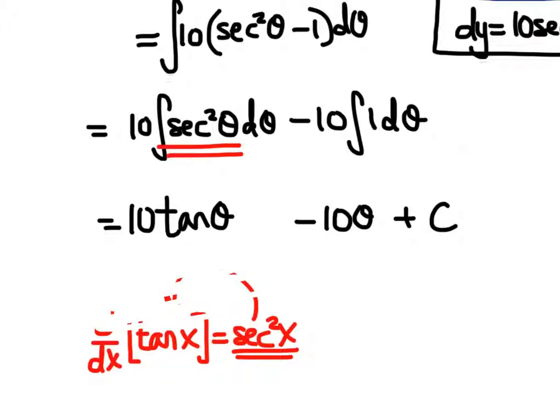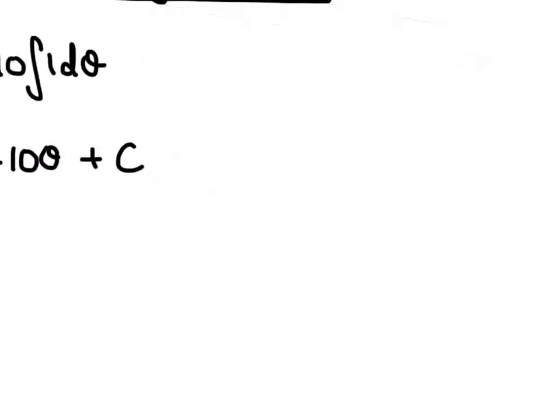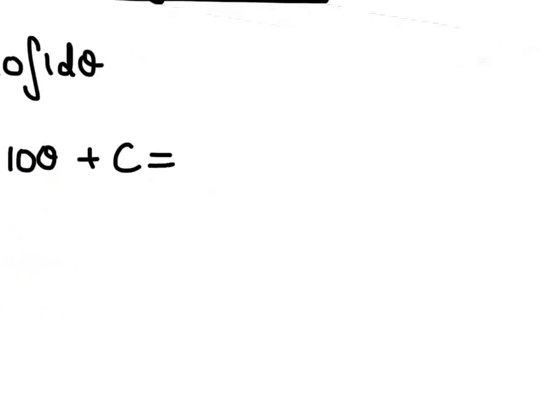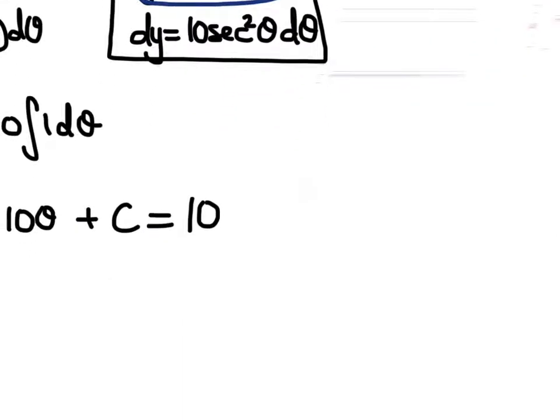Let me erase this. Our final step is to go back to y's. This is 10 times tangent of theta. We go back to our triangle to figure out what tangent of theta is, and that's y over 10.